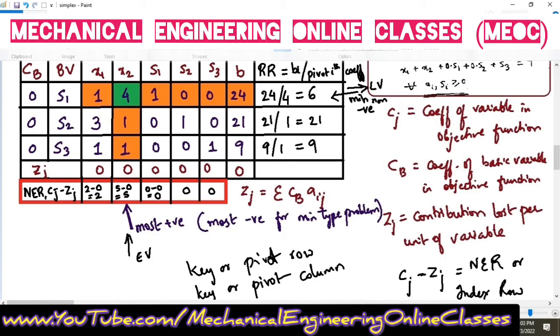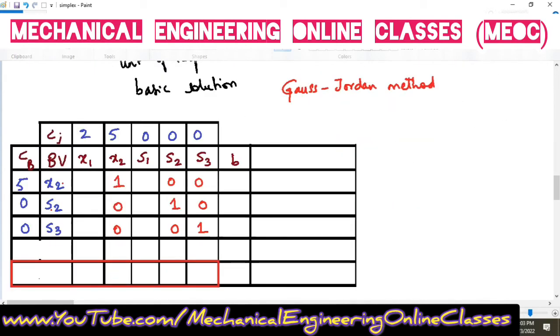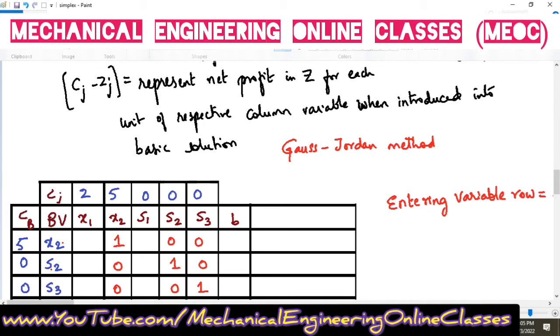So for your comfort, I will write it down as a formula based on the previous row to write the corresponding new row, obtained from the Gauss-Jordan method. So first let us start writing the entering variable row. What is the entering variable?